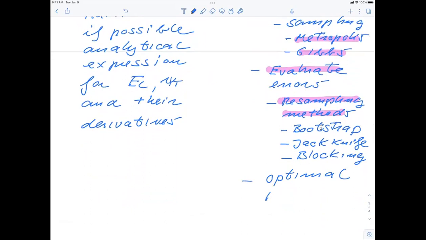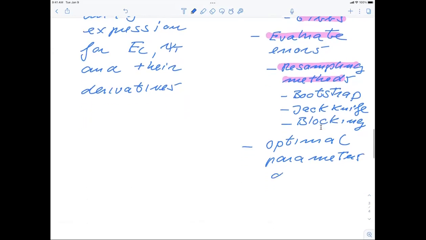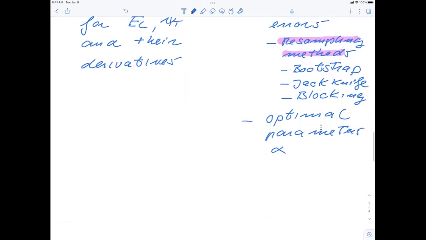So the optimal parameters alpha are those parameters where the calculation of, if we now take, let's rewrite this as a partial derivative, because that's more correct, because we have many such parameters.